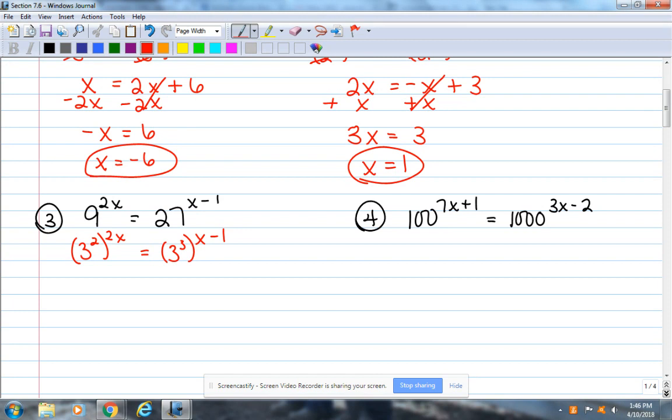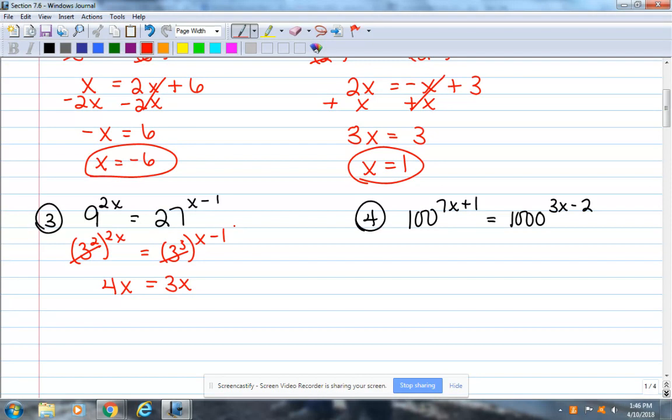So now we cancel out the bases and we just work with the exponents. What's 2 times 2x? 4x. Equals, this is distributing, so 3 times x is what? Thank you. And 3 times negative 1 is?